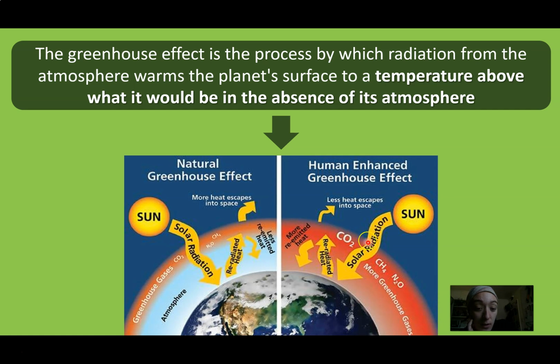There's just a lot more of these gases, the CO2, carbon dioxide, methane, nitrous oxide. So there is more heat getting trapped in our atmosphere than usual. And we're throwing the planet out of balance a little. Or a lot.